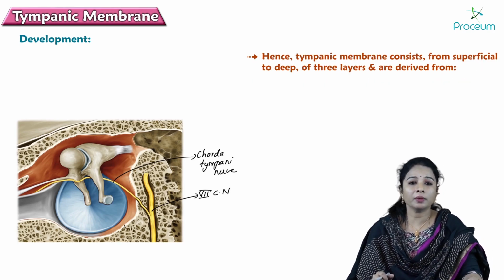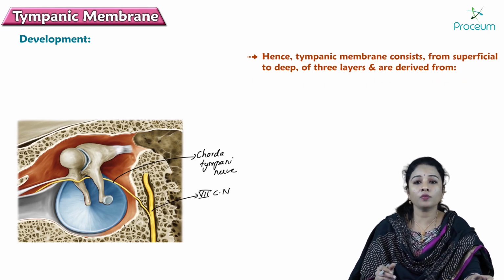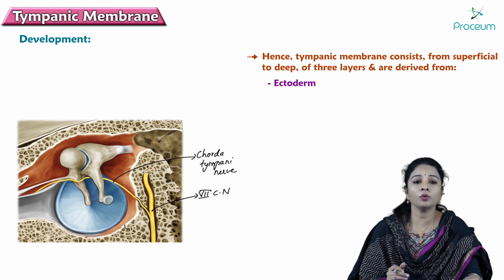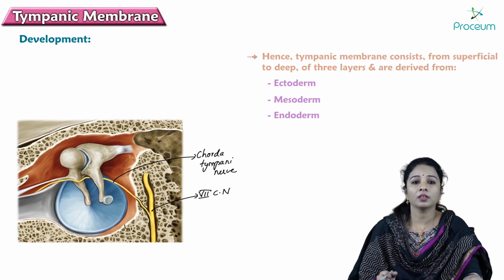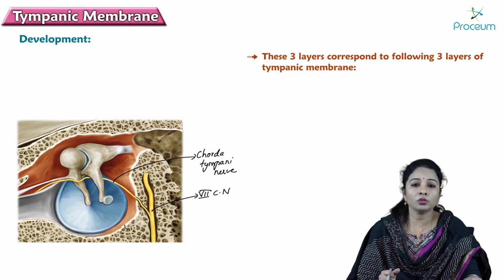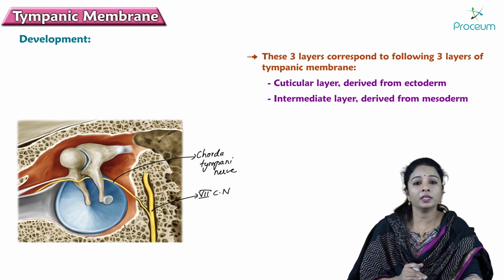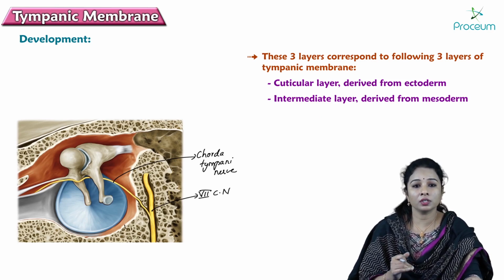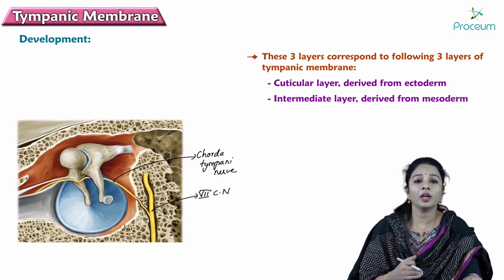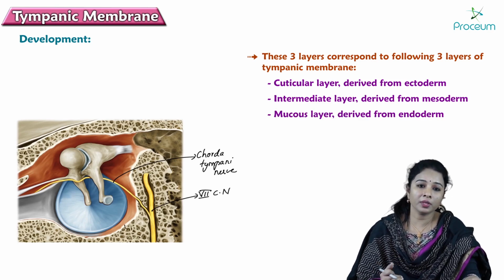So hence the tympanic membrane consists of, from superficial to deep, all 3 germ layers, that is ecto, meso and endoderm. These 3 layers correspond to cuticular layer, which is derived from ectoderm, intermediate layer which is formed by mesoderm, and mucous layer is derived from the endoderm.